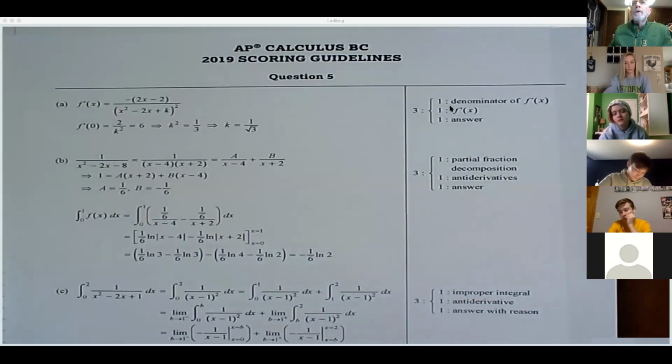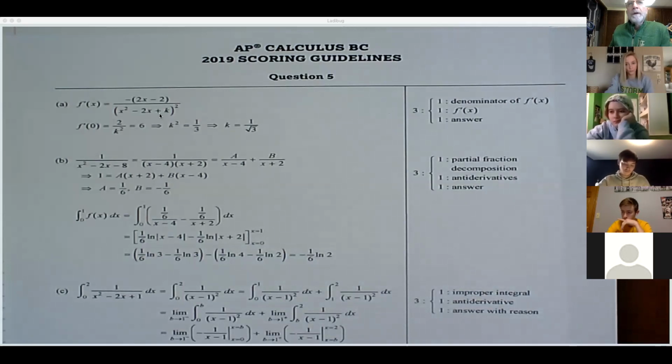If you have this denominator in this fashion, you get a point. If you have the whole derivative, you get a point. And if you have this as an answer, and obviously you can have the square root of 3 over 3 also as an answer, you have a point. So a point for the denominator, a point for the whole derivative, and a point for the answer.